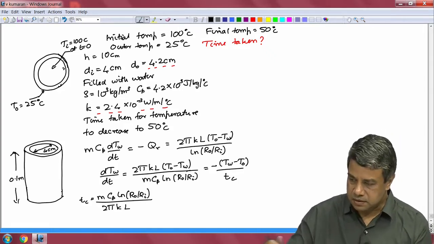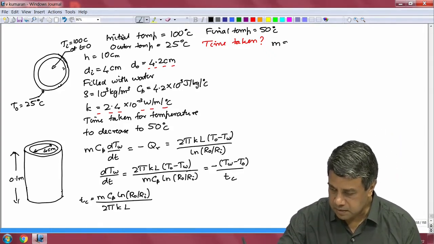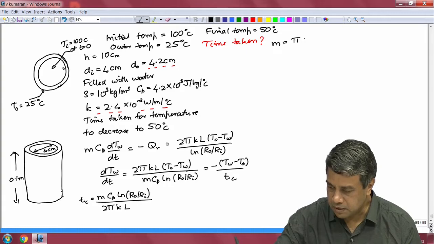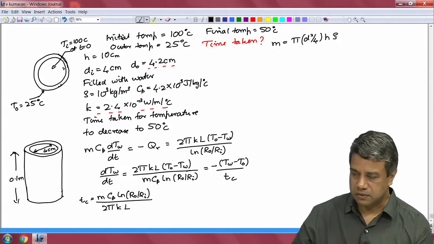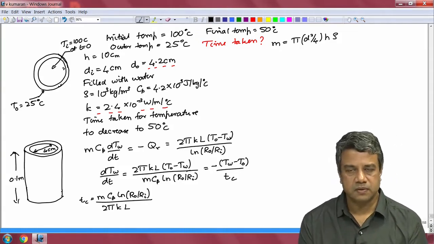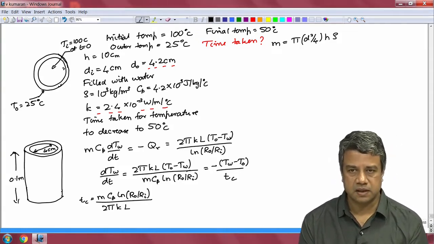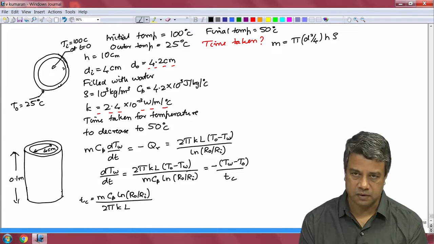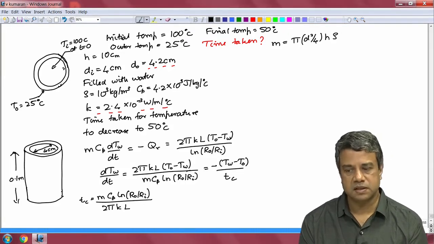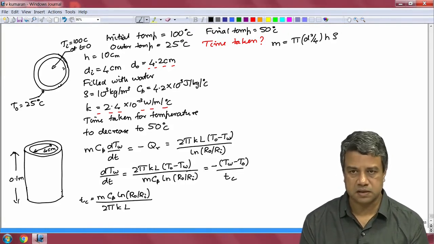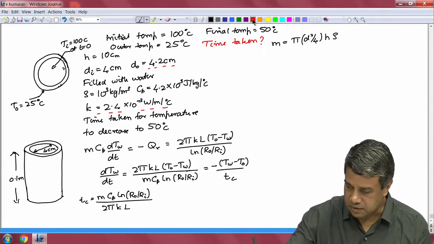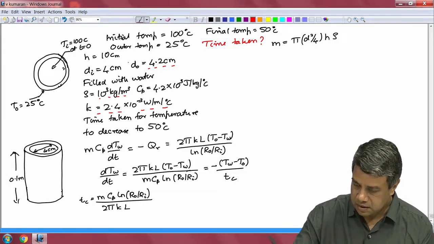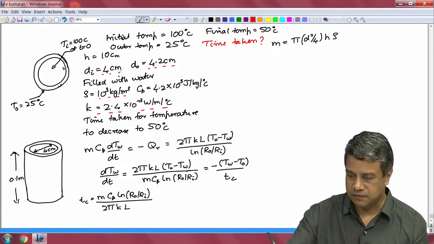So, the mass of water has got to be equal to pi into d square by 4 into H into the density rho. Pi d square by 4 is the cross sectional area, into the height is the volume, into the density is equal to mass. The density of water is given by 1000. The diameter is given by 4 centimeters.